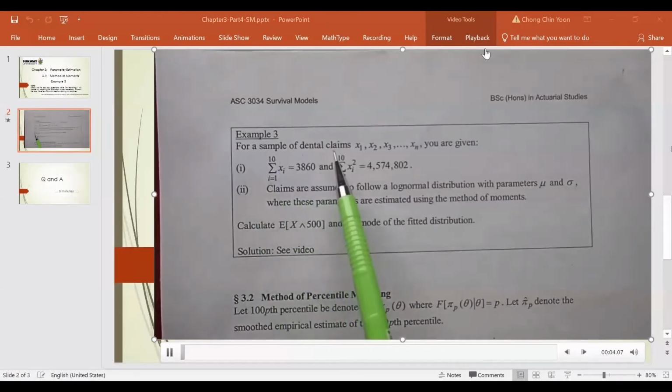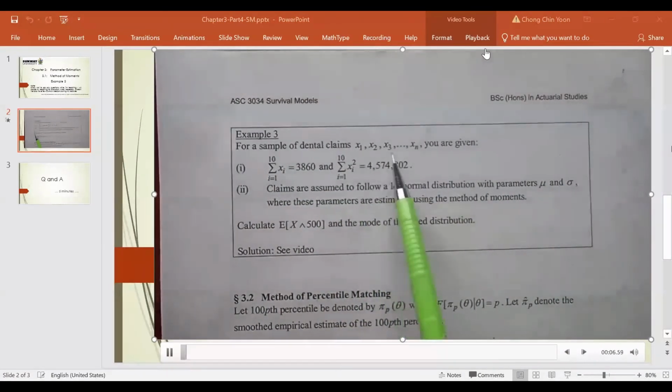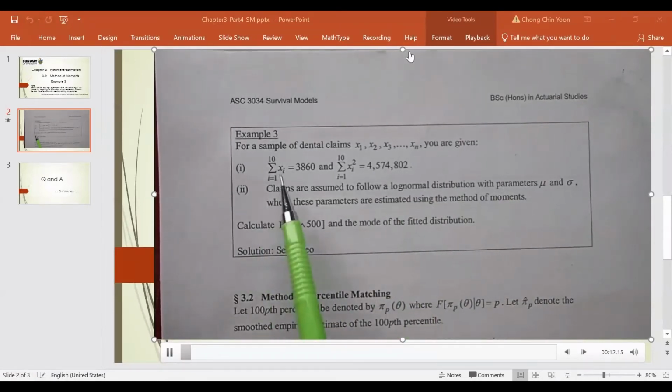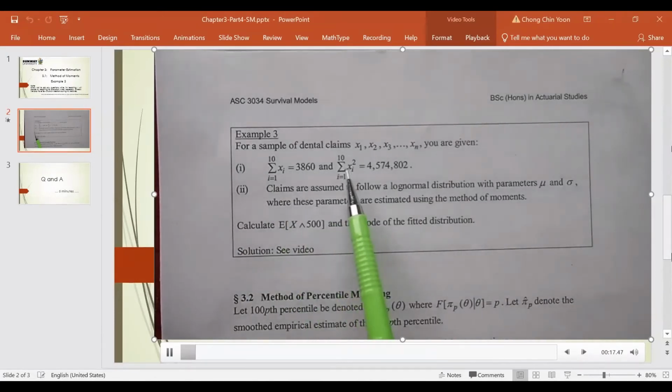For a sample of dental claims, that is x1, x2 until xn, you are given the following: the summation of x is given by this value, and the summation of x squared is given by another value. Second, claims are assumed to follow a lognormal distribution with parameters mu and sigma, where these parameters are estimated using the method of moments. Calculate the limited expected value of X capped at 500 and the mode of the fitted distribution.